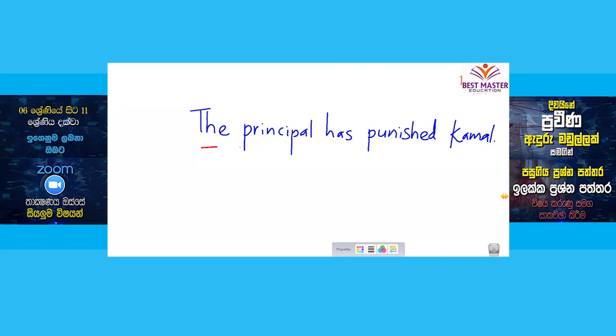This is the subject here. This is the verb, has punished. So what is this? Normally, we know it is the object. Subject, verb, object. This is the way we write a sentence.